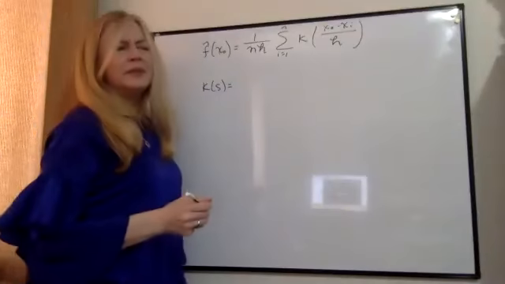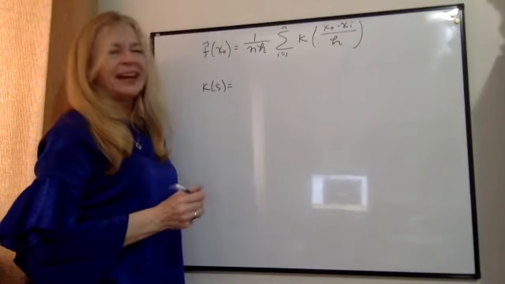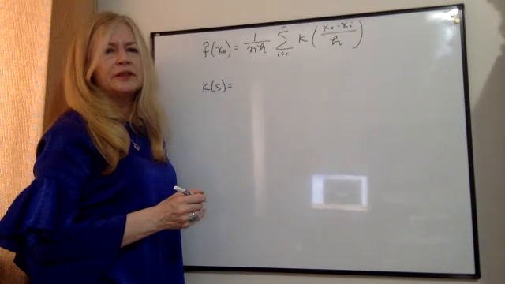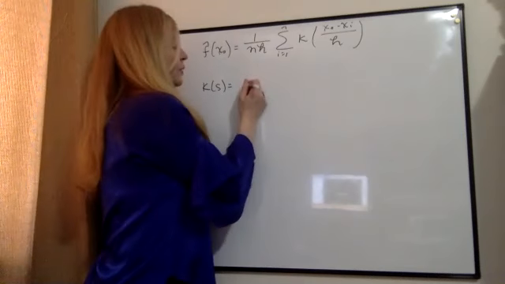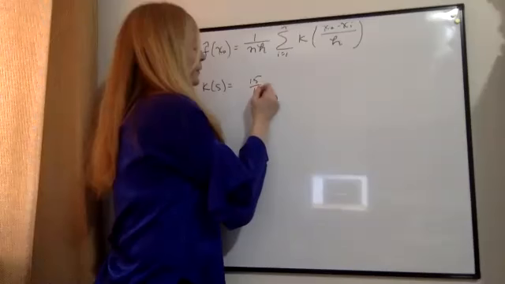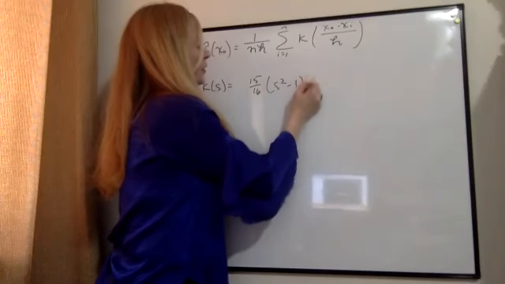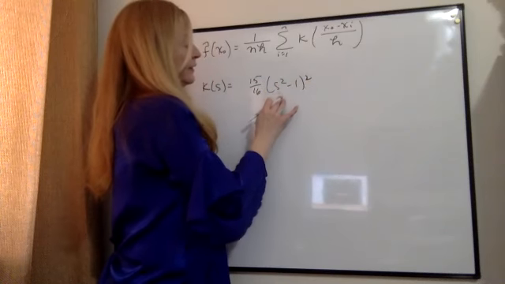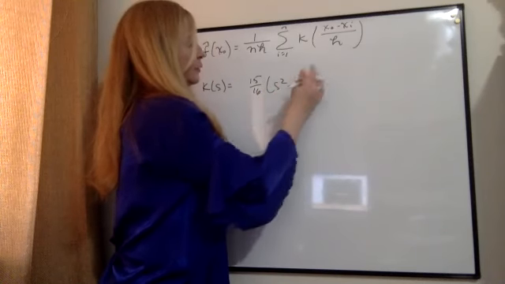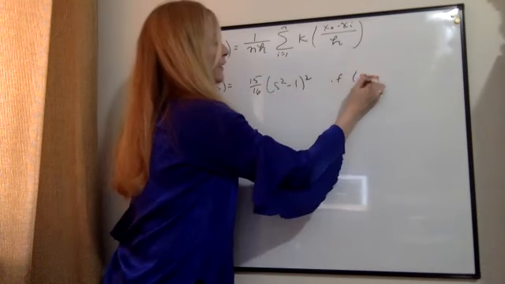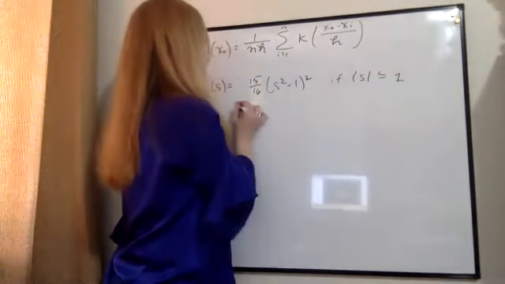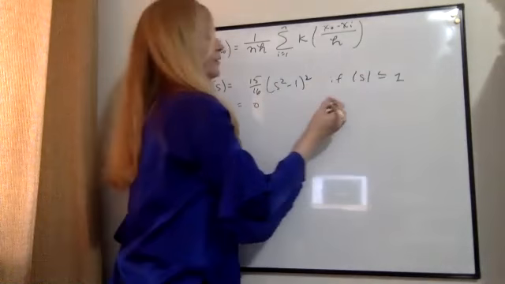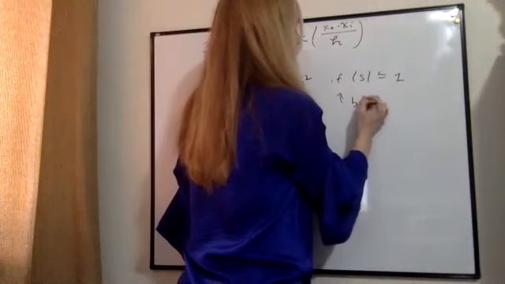Okay, so some examples of K functions. There are maybe 8 different kernel functions or so that people use. I use this one, sometimes called the bi-weight kernel. It's 15/16 times (s squared minus 1) squared if s is less than or equal to 1, otherwise it's 0.